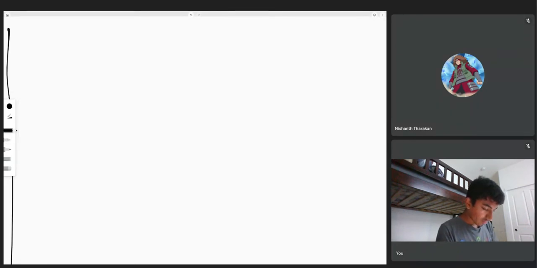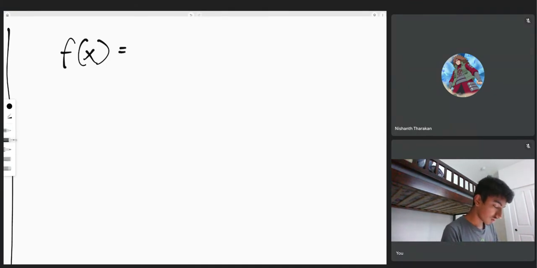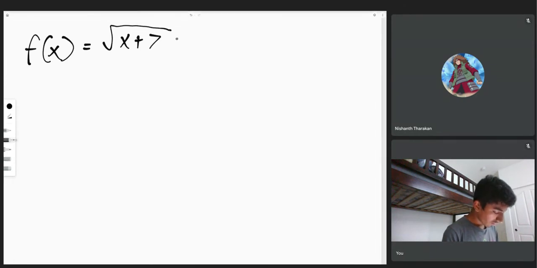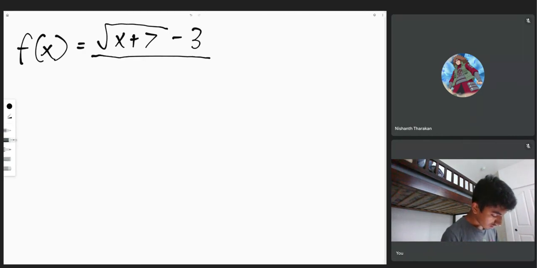Okay. I don't want this. I want it to be nice and clear. f of x equals, let's see, let's do root x plus 7 minus 3 divided by x.